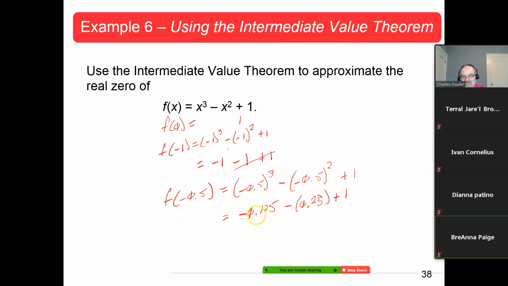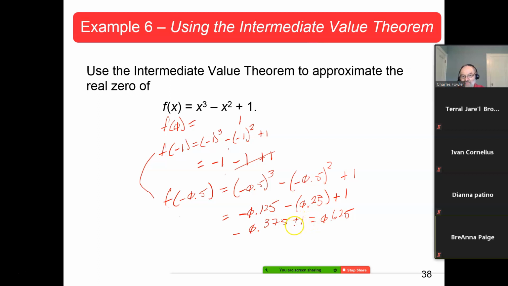Okay, well that's going to be -0.375 plus 1. So that's going to be positive 0.625, I believe. Okay, so now we know that it's in between -1 and -0.5 because this one's negative, that one's positive.